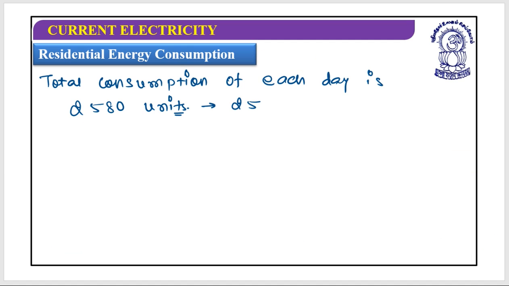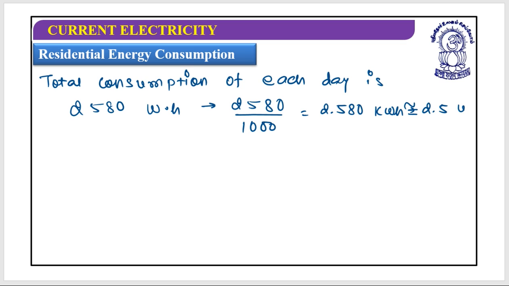So this is 2580 watt into hour. Dividing by 1000, this is 2.580 kilowatt hour, or we can say approximately 2.5 units. This is for each day.